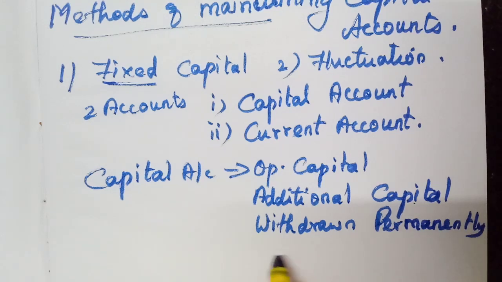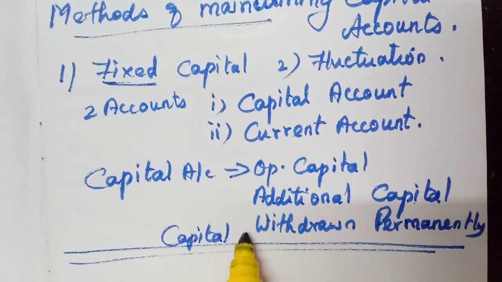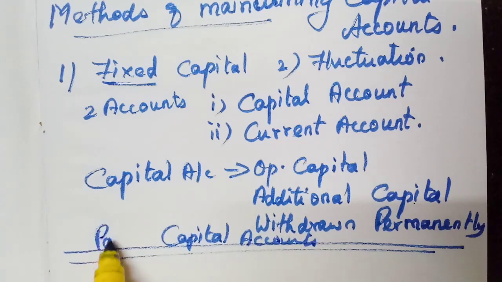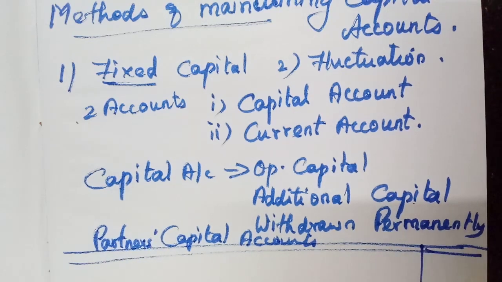Understand, this capital account we will see. One format we will see. For the capital account we should use both pages. Partners' capital accounts we have to show separately. If there are two partners, there will be 1, 2 columns on the credit side, then again on the debit side, 1, 2.